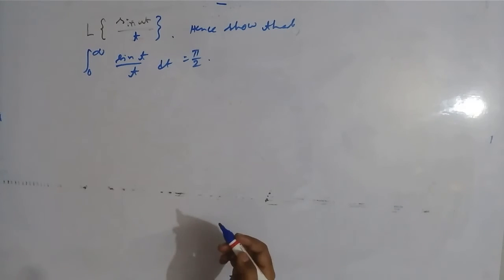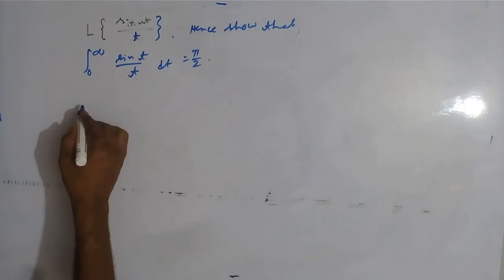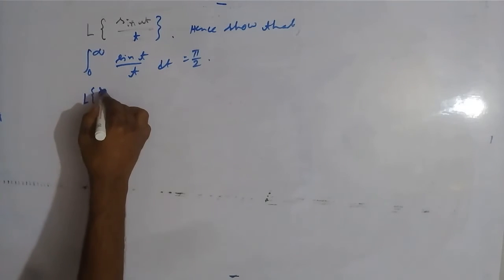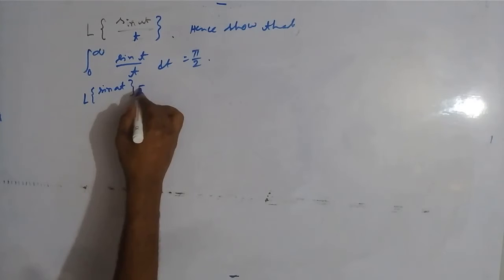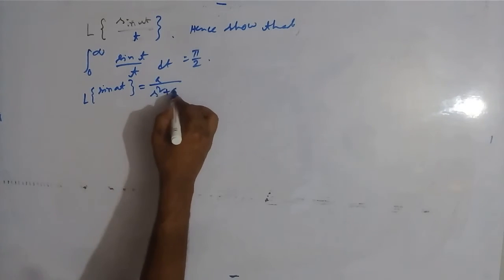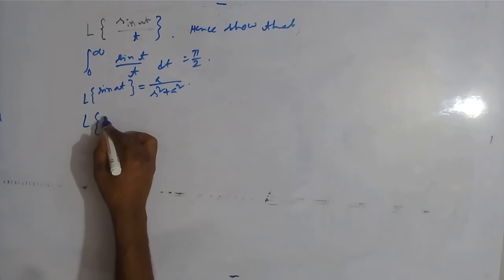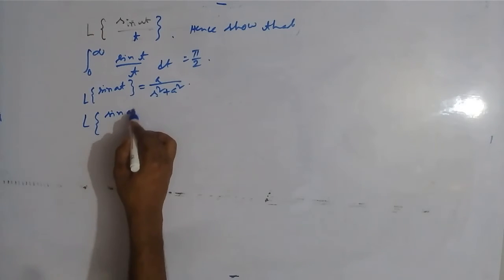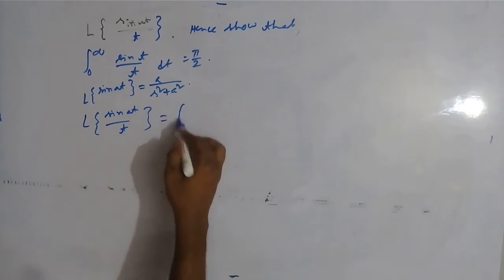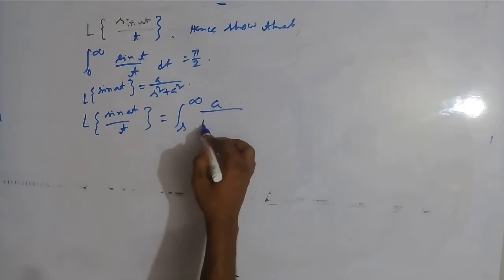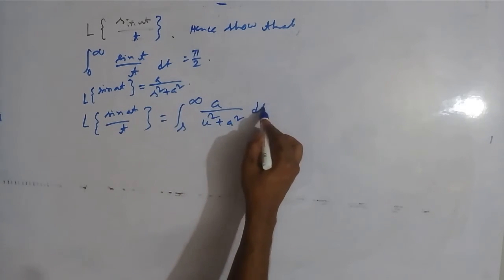So first we will find the Laplace transform of sin at by t. We know that the Laplace transformation of sin at is equal to a by a square plus s square. Now you can see that sin at has been divided by t. So by the property of Laplace transform of a function divided by t, it will be the integral from s to infinity of a by u square plus a square du.